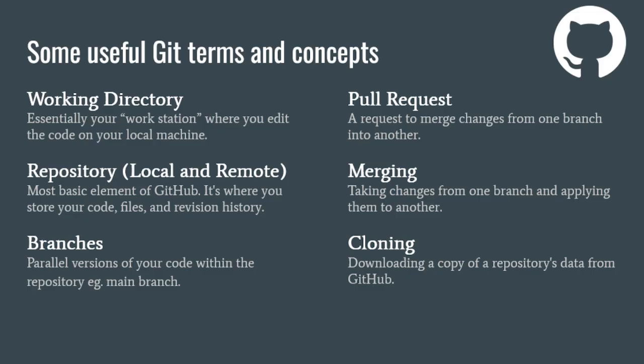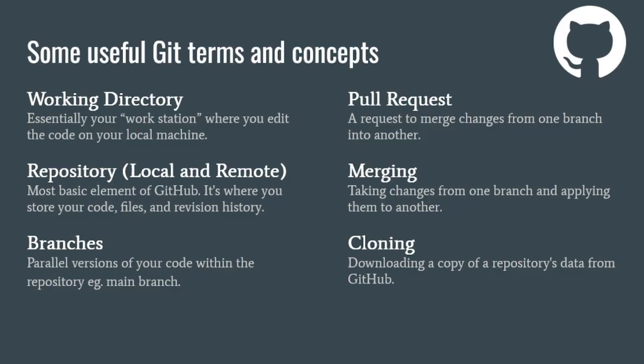So here are some of the useful Git terms and concepts before we get into it. There's the working directory. Essentially, it's your workstation where you can edit the code on your local machine. There's the repository, which is the most basic element of GitHub. It's where you store your code, files, and revision histories. There are branches, which are parallel versions of your code within the repository.